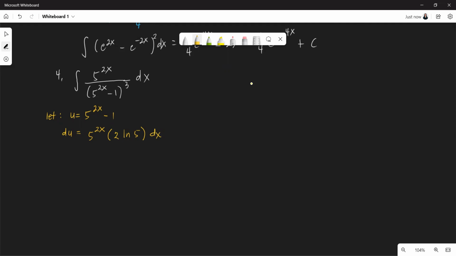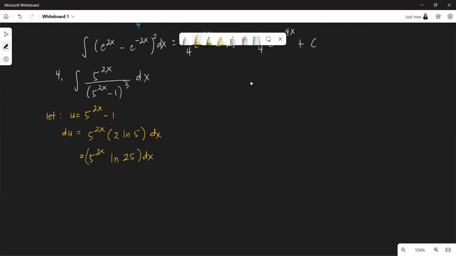We have 5 raised to the power of 2x in the numerator, so lacking 2 ln of 5. Let's write this 2 ln of 5 as ln of 5 squared. Review the laws of logarithm. So we can transfer this to the exponent of 5, that's 5 squared or 25.